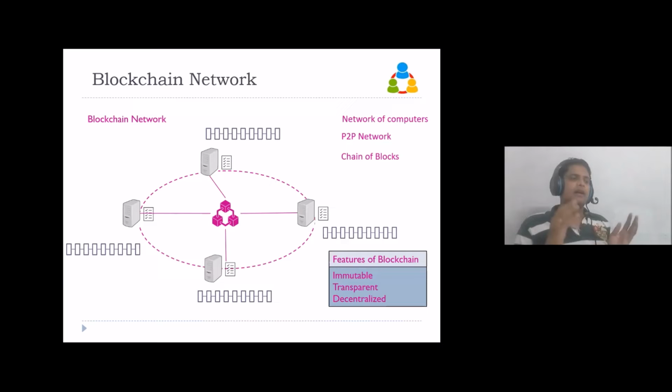So if you are sending some data from a computer in Kerala to an address lying inside a computer in, let's say, Dubai, that particular data will be shared and replicated and written onto all the computers in that network.